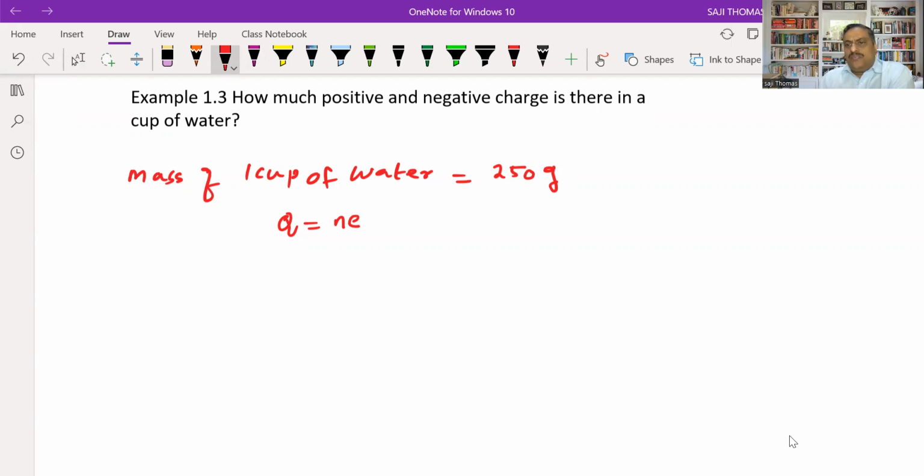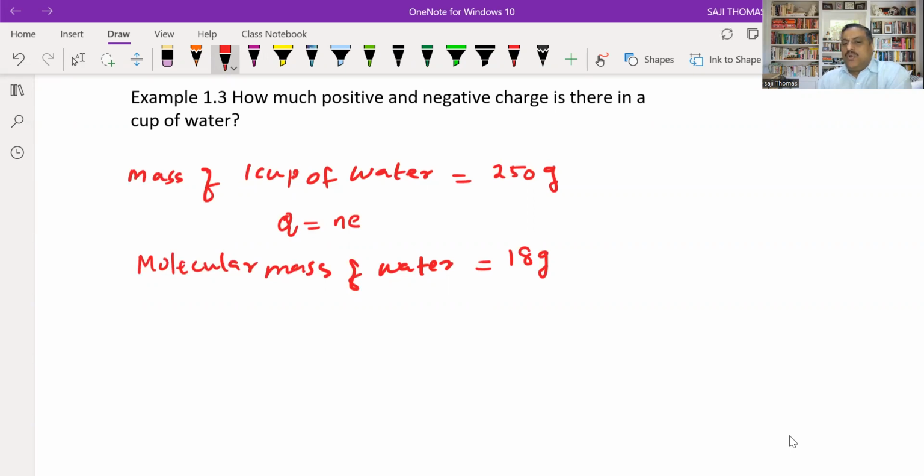Mass of 1 cup of water is 250 grams. And you know the molecular mass of water. It is 18 grams. 1 mole of water contains 18 grams.